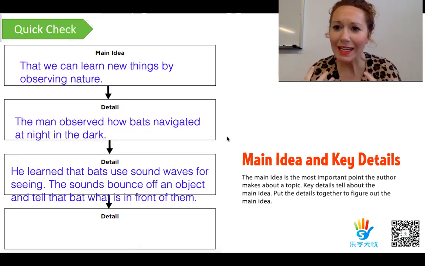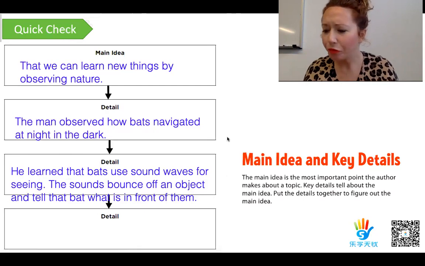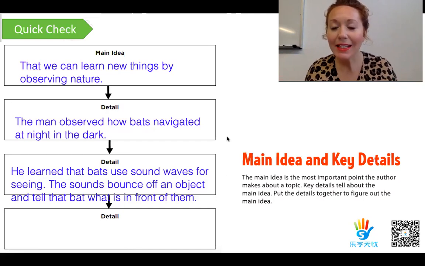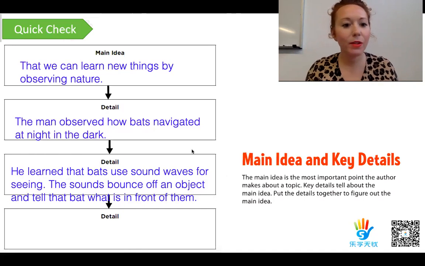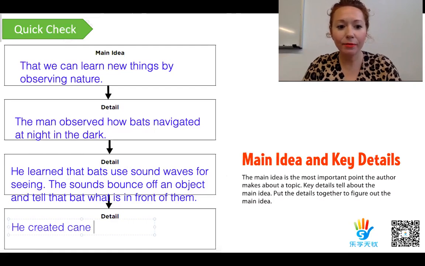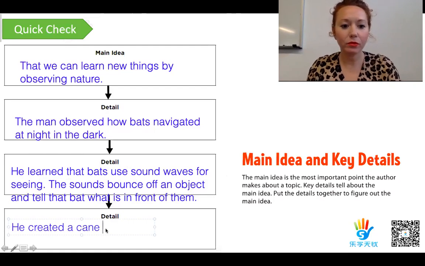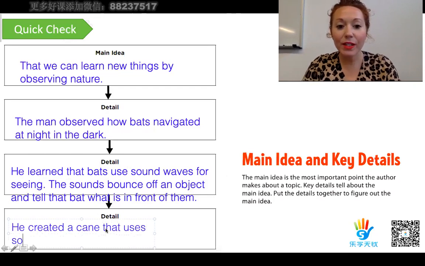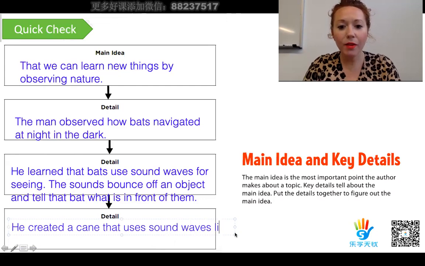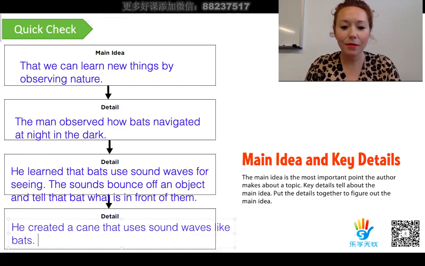Now, what did the scientists do with this new information? Well, he took this information and he made it possible for a human to use this. So he created a cane that uses sound waves like bats.